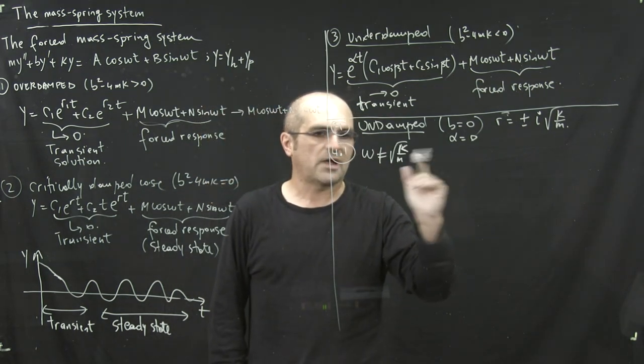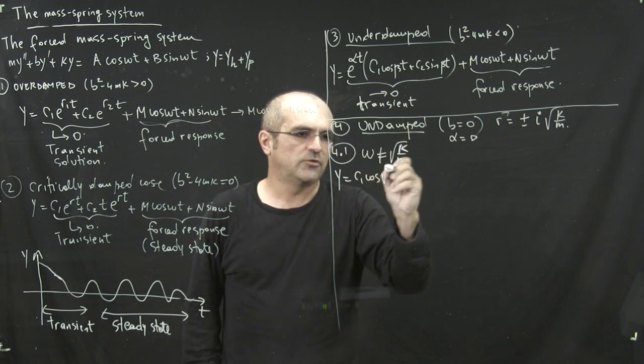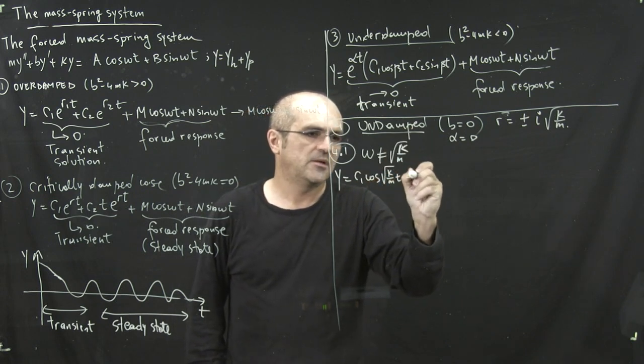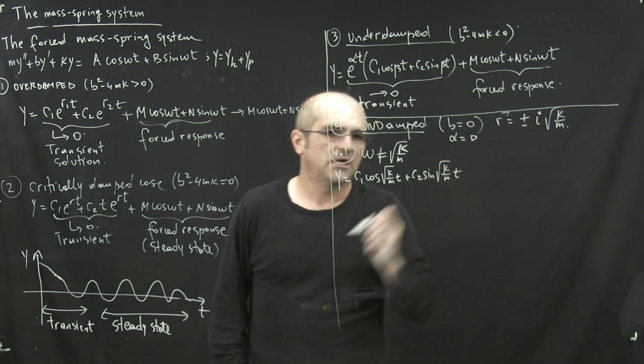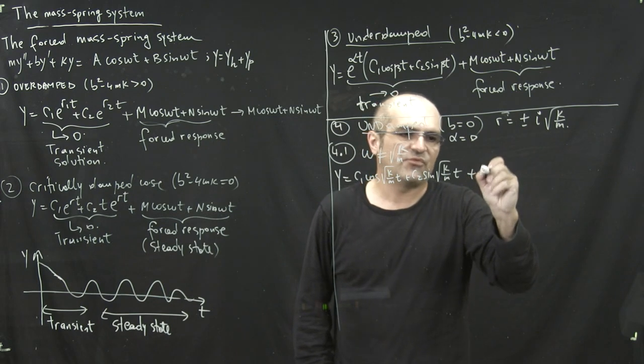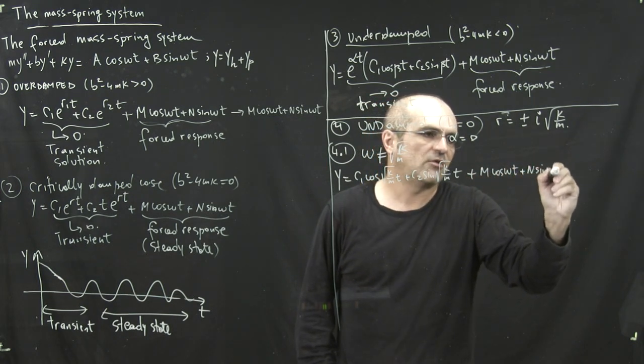So if you write the solution, it'll be some combination of c1 cosine root k over m t plus c2 sine root k over m t. And the forced response is just like before, some combination of cosine of omega t and sine of omega t.